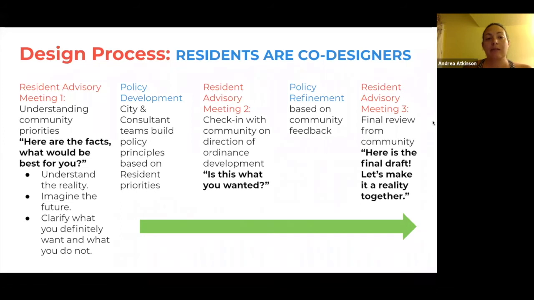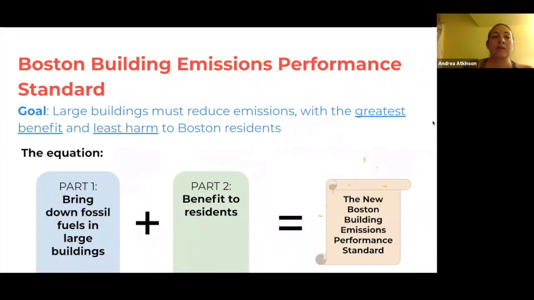Next slide, please. So this is essentially how we've presented it. We've been looking at this as an equation. The big goal is that large buildings must reduce emissions, and it has to have the greatest benefit and least harm to Boston residents. Actual people that are living in Boston need to benefit.